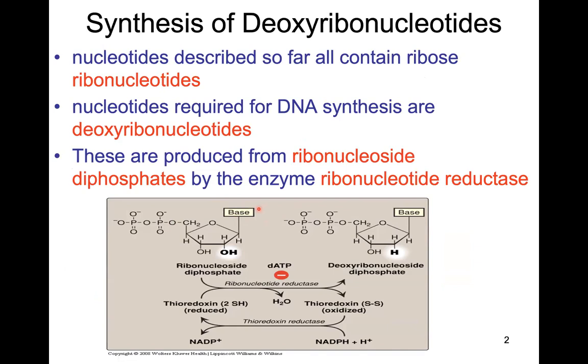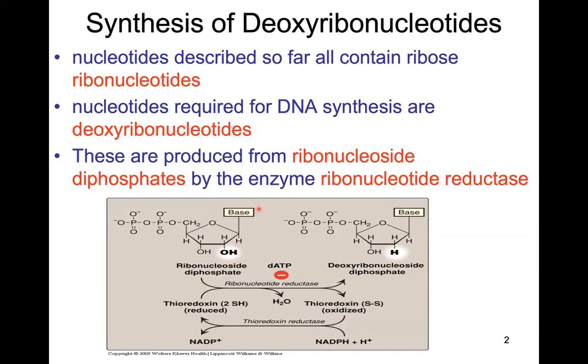Okay. All right, so we mentioned earlier that ribonucleotides are used in RNA, required for RNA synthesis. Deoxyribonucleotides are required for DNA synthesis. But one important thing to note is, the first thing the body actually produces is, in fact, RNA.